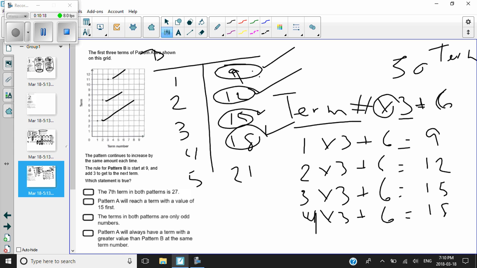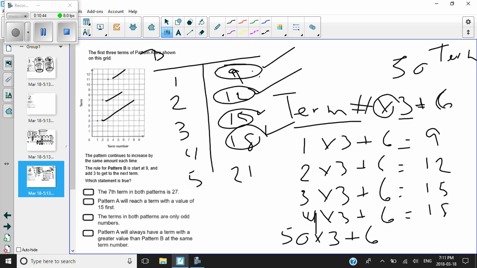Perfect. Okay, so now if the question asks you what the 50th term is, well, now you know the rule. So let's apply it. So it's going to be 50 times 3 plus 6. You can kind of treat 50 the same way as 5. I know that 5 three times is 15, but it's 50, so I know I have to add that 0 just for place value.